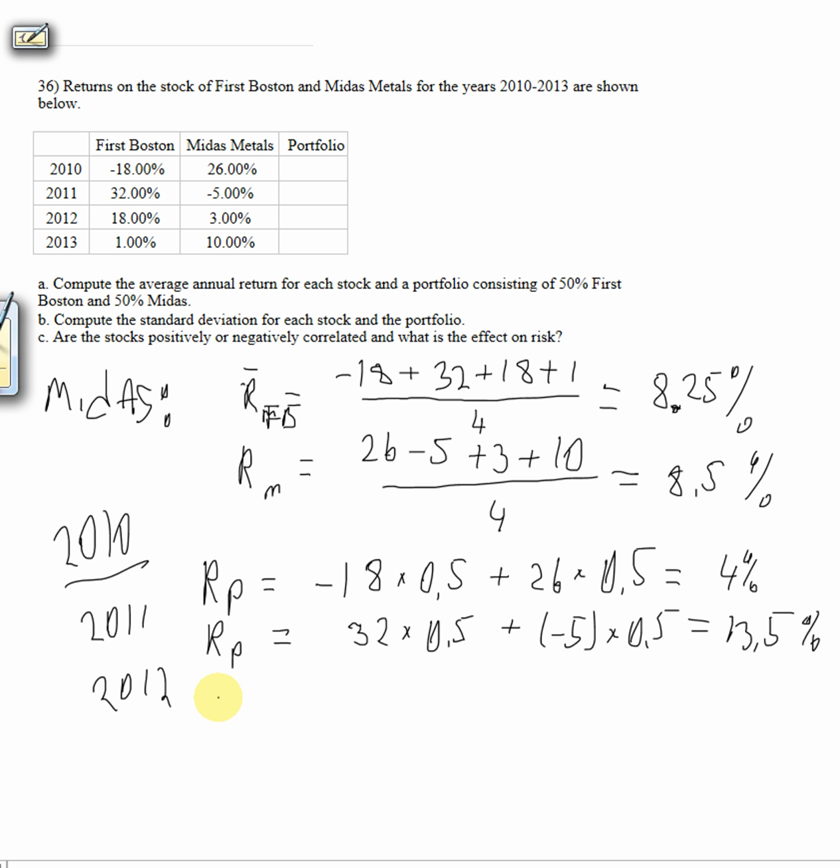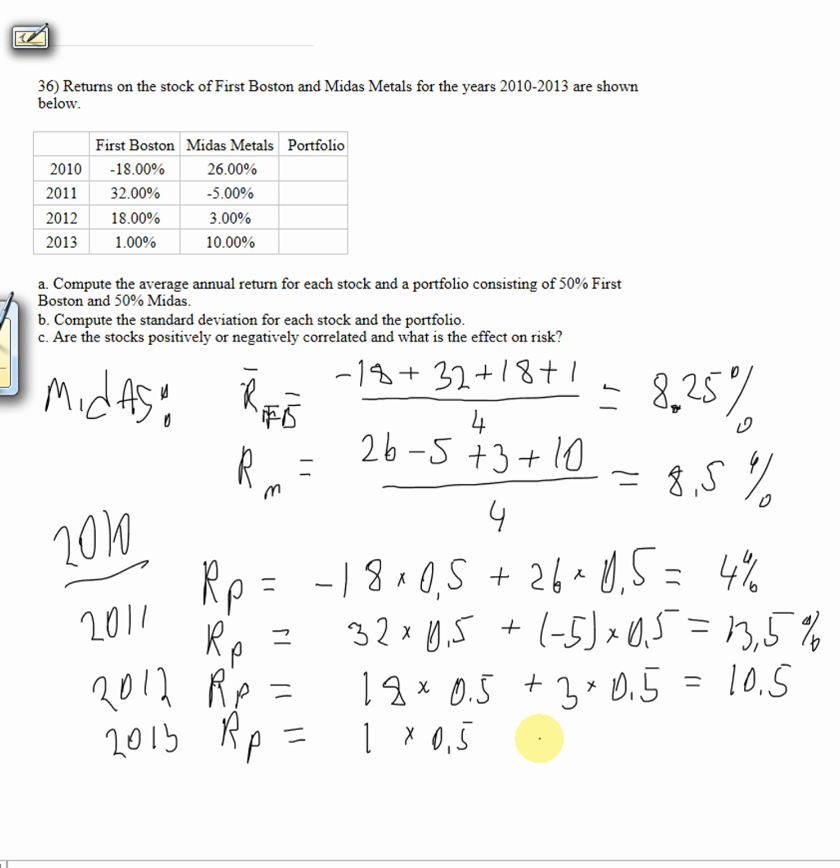Now 2012, RP is equal to 18 plus 3 times 0.5 equals about 10.5. 2013, now the same, so 1% times 0.5 plus 10% times 0.5 gives us 5.5 portfolio returns. So these are portfolio returns.